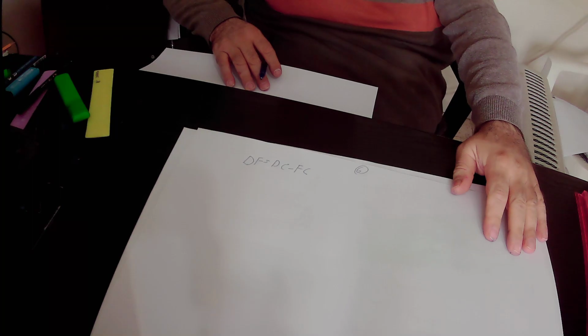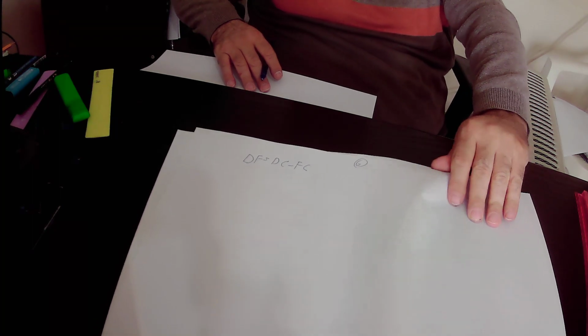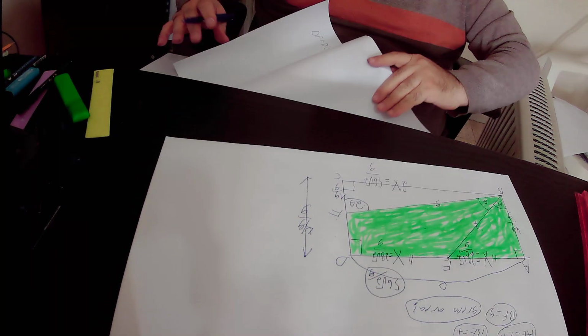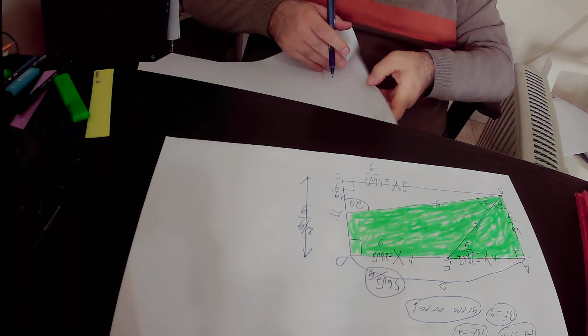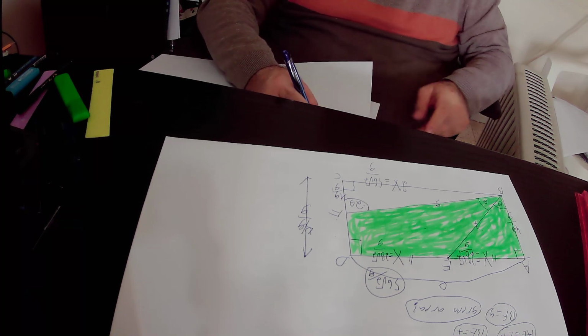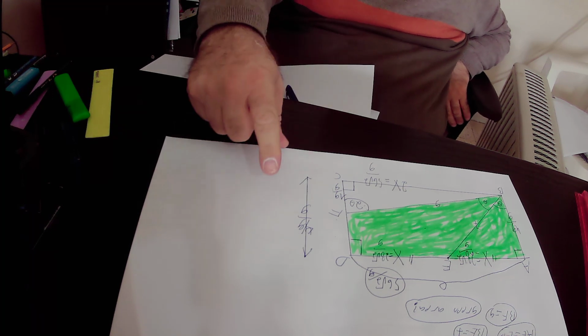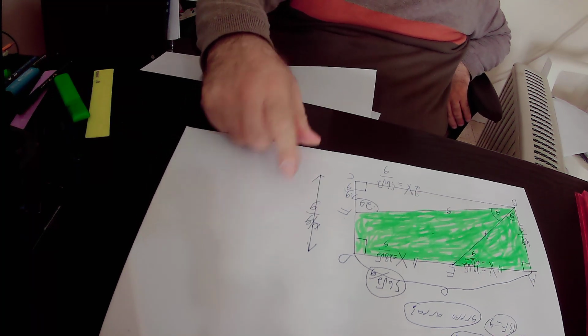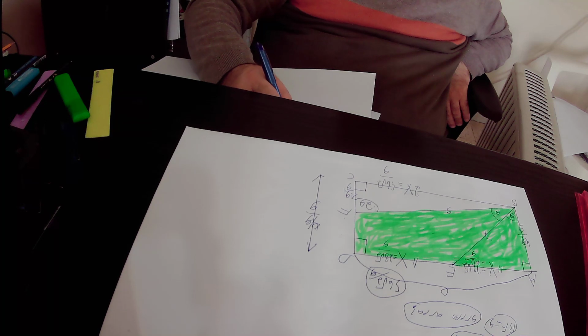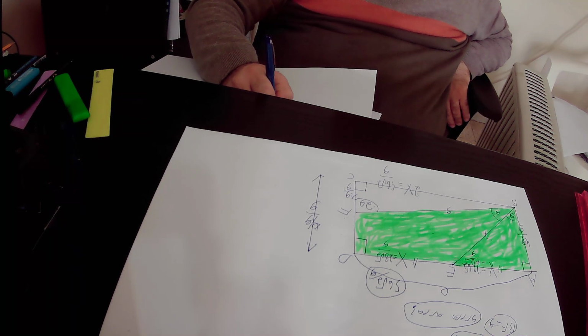DF equals DC minus FC. So actually DF equals DC. We know that DC equals 49 over 9, minus FC.